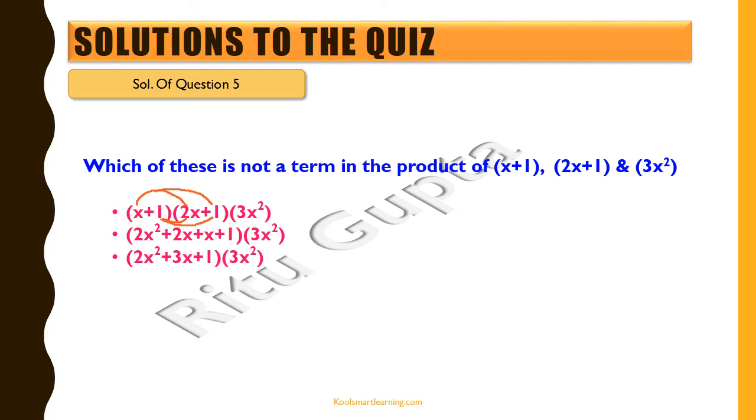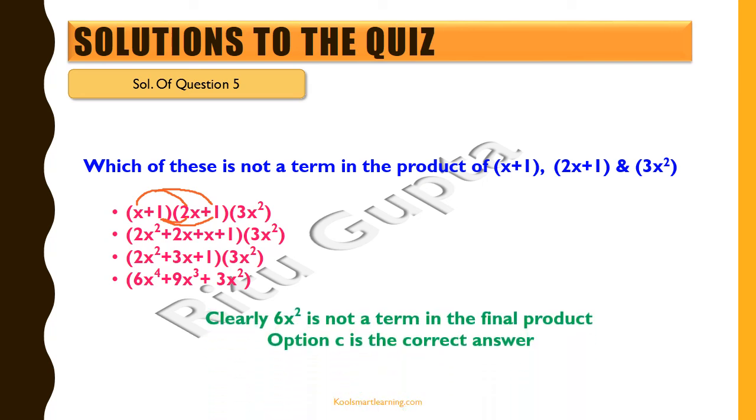Simplifying the first polynomial, it becomes 2x square plus 3x plus 1, and multiplying this with 3x square, we get the final answer as 6x raised to power 4 plus 9x cube plus 3x square. So we can clearly see that 6x square is not a term in the final product. So option C is the correct answer.